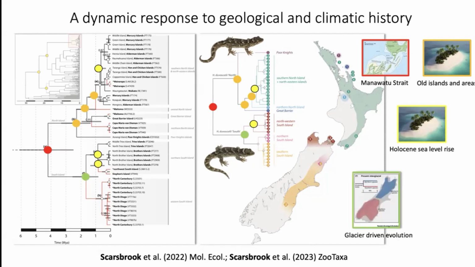In the South Island, we can see glacier-driven evolution splits into northern and southern lineages around when the glaciations kick in. And we can see this contraction and expansion in and out of refugia. So by looking at the Lilliputians using ancient DNA and paleontology, we're really telling these forgotten stories.